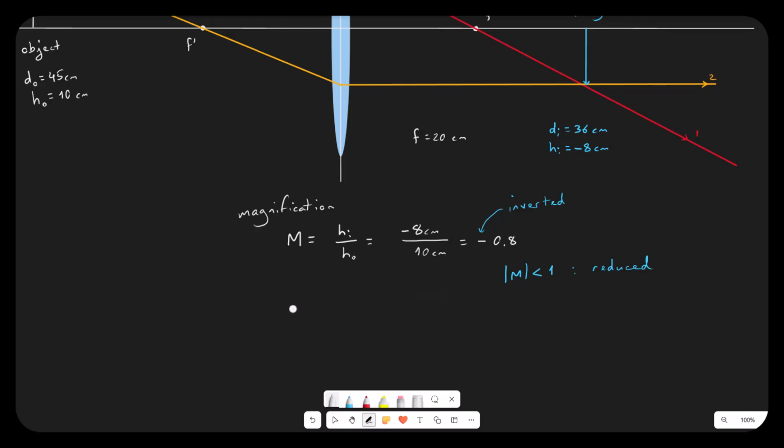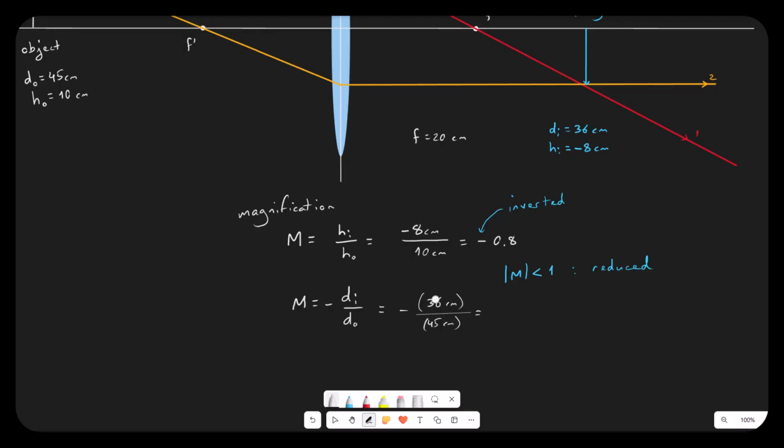A different definition for magnification comes from the distances, and it looks like this: negative d_i over d_o. I want to test that one out, so I'm going to get a negative. d_i is 36 centimeters. d_o is 45 centimeters. 36, that's 9 times 4. 45, that's 9 times 5.